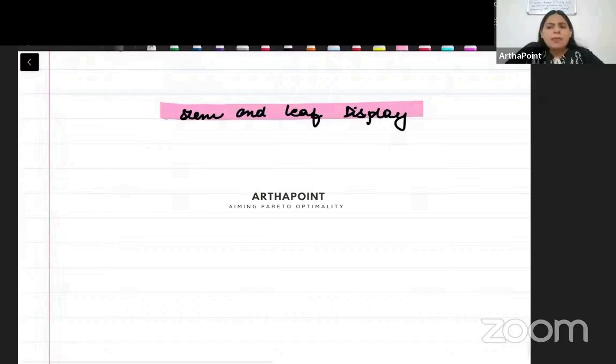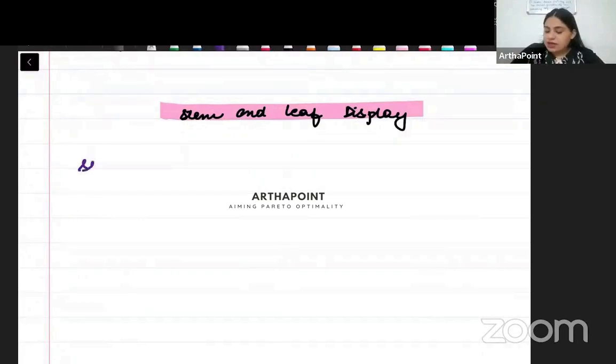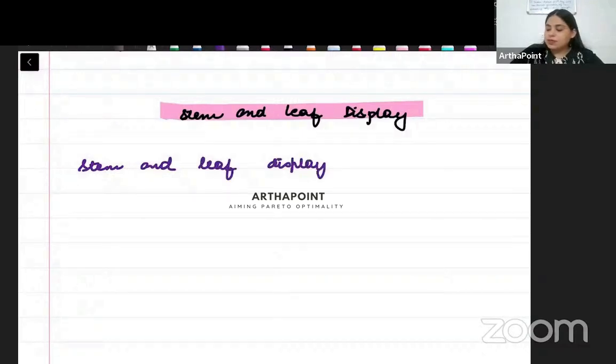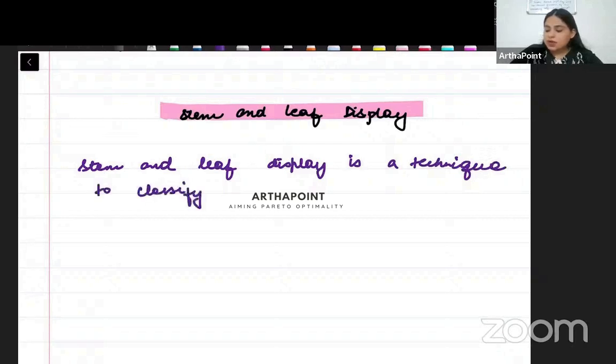The aim is to somehow show them in a better, more enhanced way, right? So we can say that stem and leaf display is a technique to classify discrete or continuous variables.